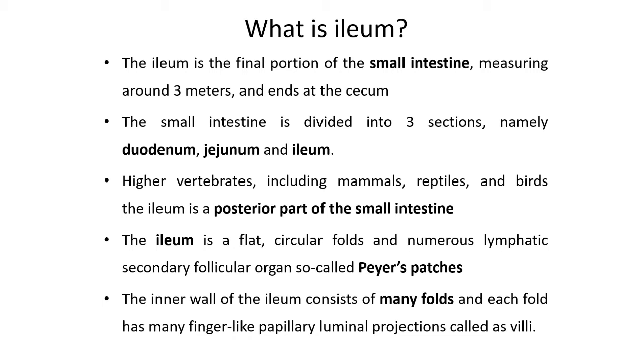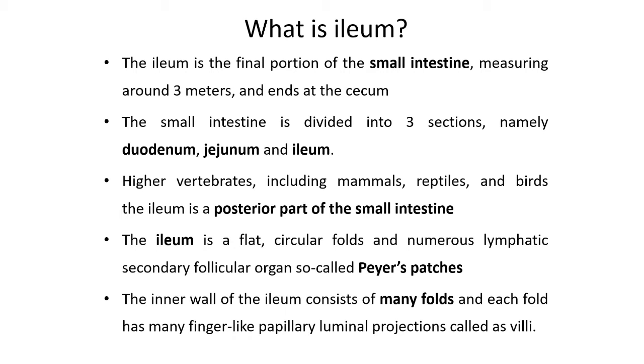It is nothing but a follicular organ or a follicle of nodule, and the main function of Peyer's patch is immunological. The inner wall of ileum consists of many folding-like structures, and that folding-like structure is called villi. So villi are always bathed in the lumen of small intestine.